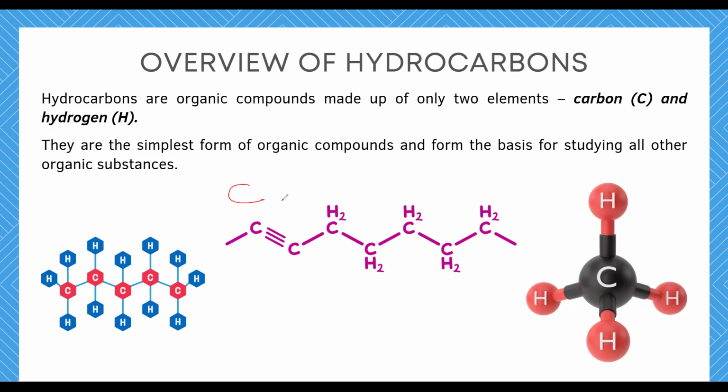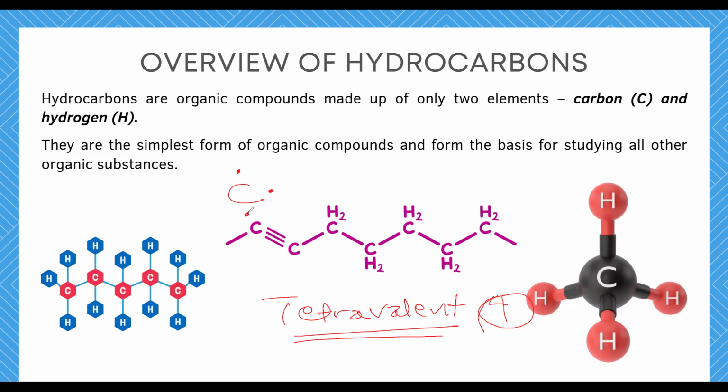Now, one thing about carbon you must know is that carbon is tetravalent. Let me write out that word. Tetravalent. Tetravalent simply means it has four electrons in its outermost shell. One, two, three, four electrons in its outermost shell.